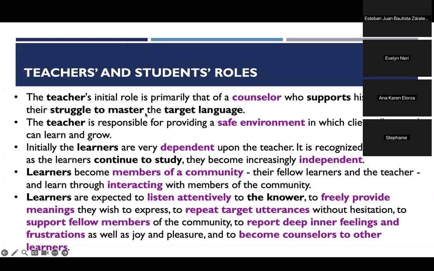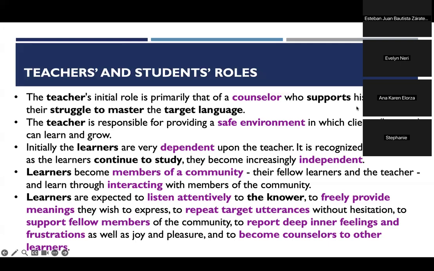Learners are also expected to listen attentively to the knower. At the same time as they are listening to the knower, they can also ask for help to express an idea, and before they express that idea, the knower must make sure that the learners are on the right track.